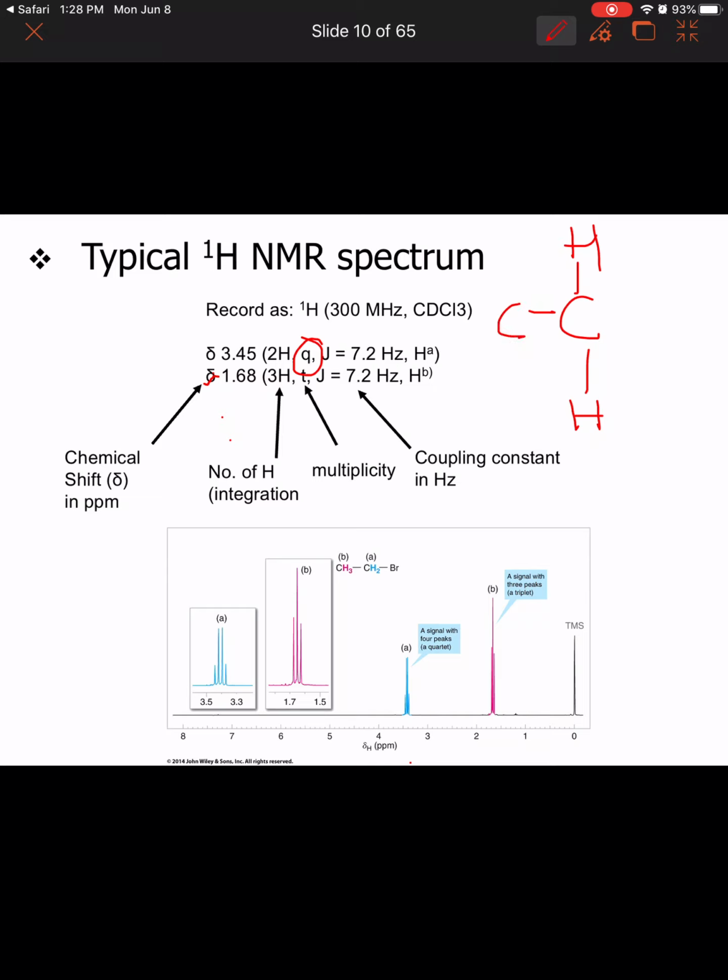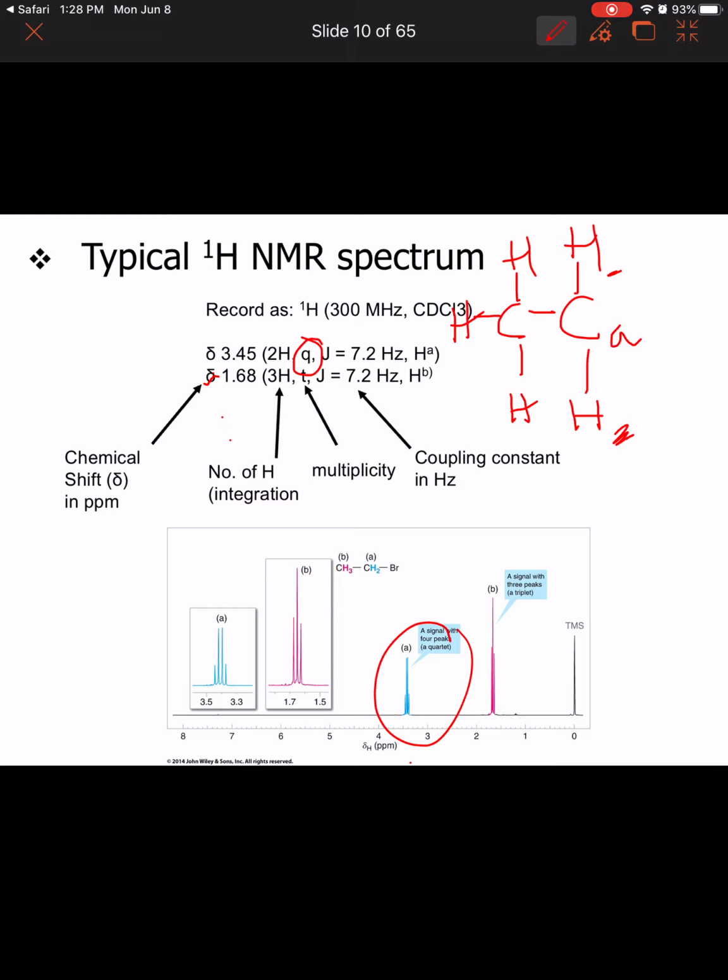So these 2 hydrogens will split due to the hydrogens on the next carbon, due to the n+1 rule. If you have 3 hydrogens on this carbon, then this carbon A will split into a quartet. So you can see that is this quartet. Okay, 2 hydrogens, a quartet.